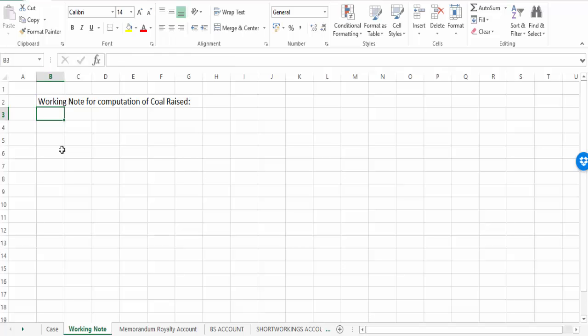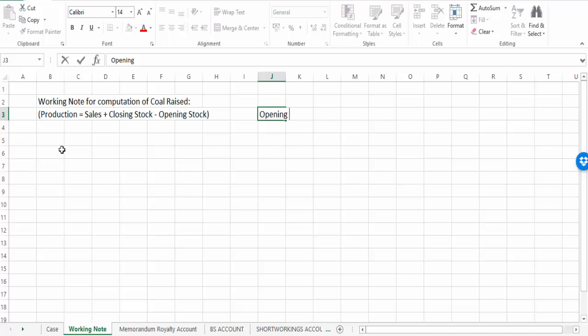And what is the formula for production? The formula for production is simple. Production is equal to sales plus closing stock minus opening stock. If you find this formula a little difficult to understand, the actual flow is opening stock plus production minus closing stock is equal to sales.